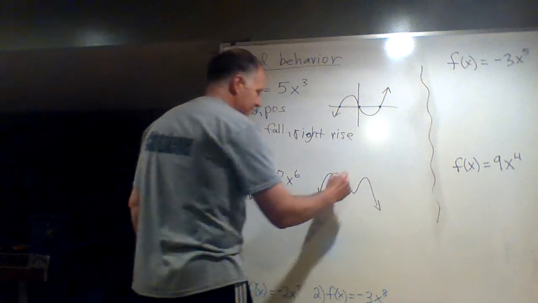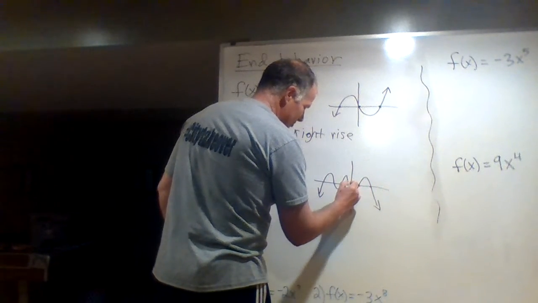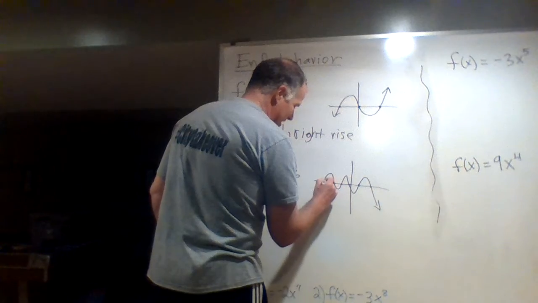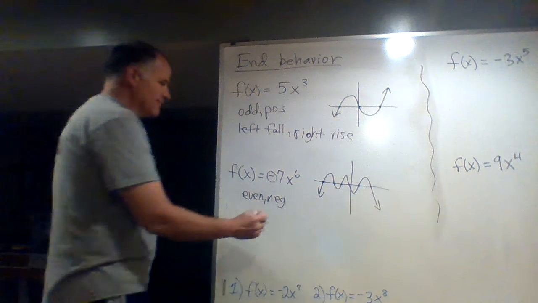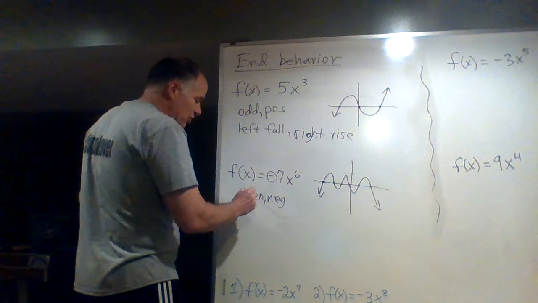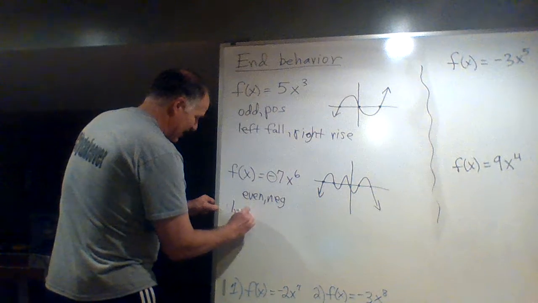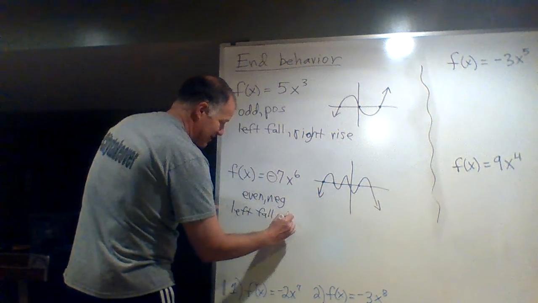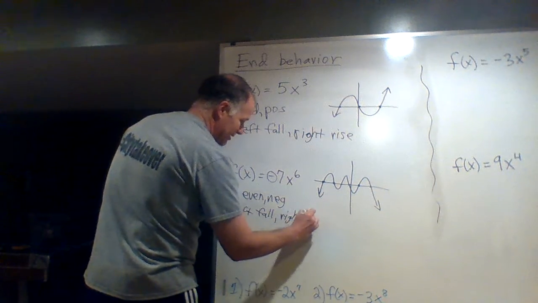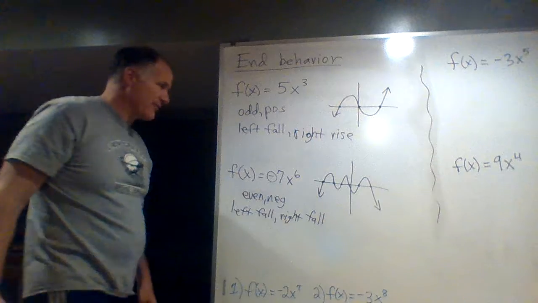If I had an axis, 6 roots. But even means they're going the same way, negative means down. So on the left, it's falling, and on the right, it falls. Falls on the right, falls on the left.